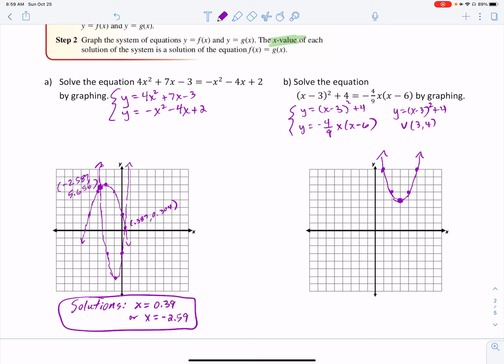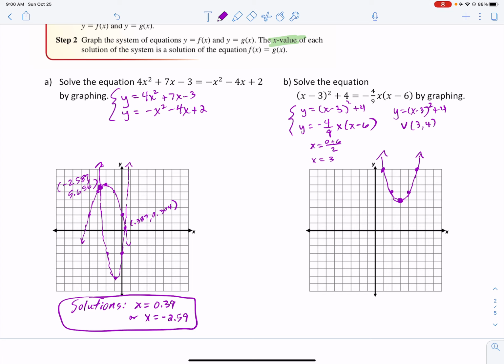Now the next one, the intercepts are 0 and 6. So if I go ahead and get that axis of symmetry, the axis of symmetry is going to be x equals 3, which it was also for the other one.